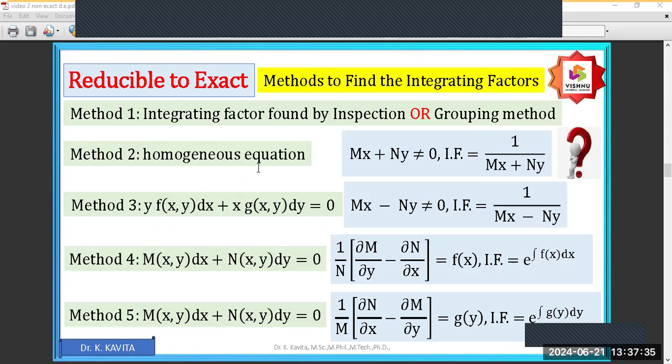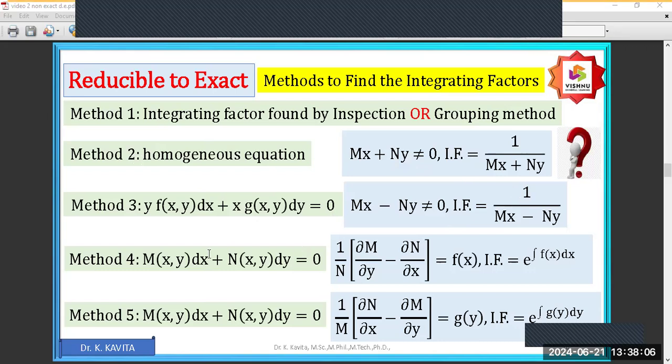The second one, we just discussed, is homogeneous. Then next, non-homogeneous also. The fourth and fifth are not specifically named, like this method is homogeneous, this method is integrating factor. In method 2, they specifically mention that Mx plus Ny is not equal to 0, and here we take IF equals 1 by (Mx plus Ny).